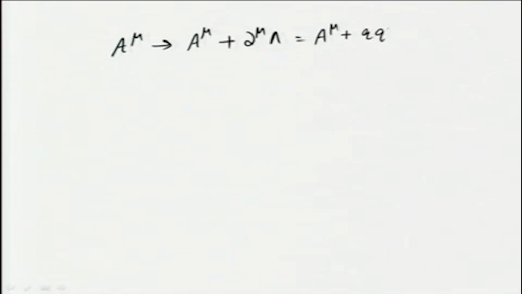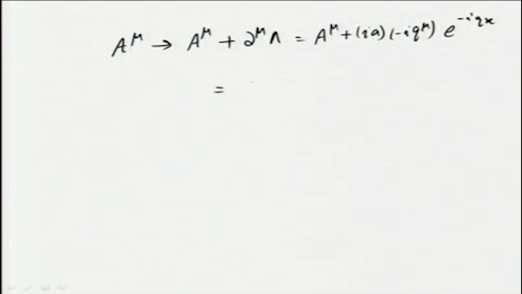So, now what does that tell you in terms of the change in epsilon corresponding to a transformation of A mu to A mu plus dou mu lambda, which is equal to A mu plus A q mu exponential minus i q x.